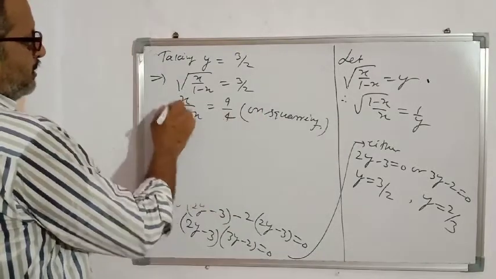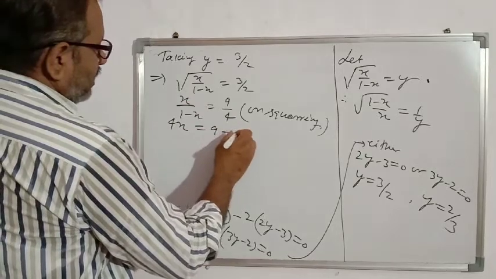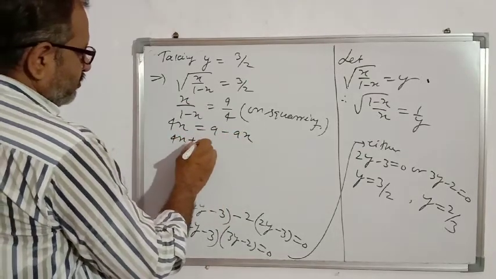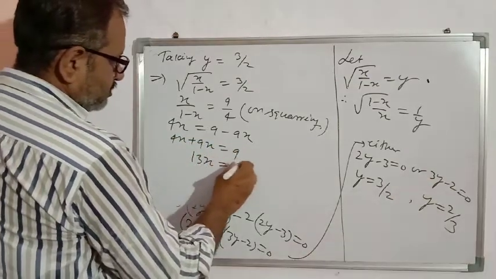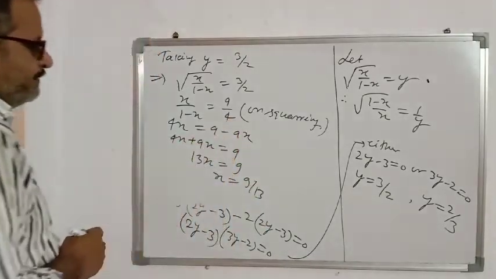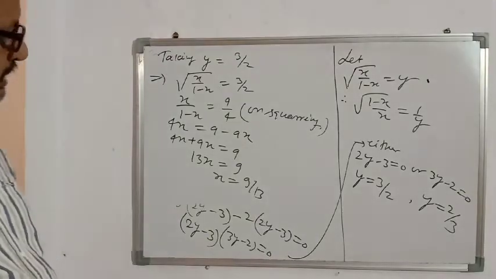Cross multiply: 4x is equal to 9 minus 9x. Transpose to one side: 4x plus 9x is equal to 9. 13x is equal to 9. x is equal to 9 by 13.